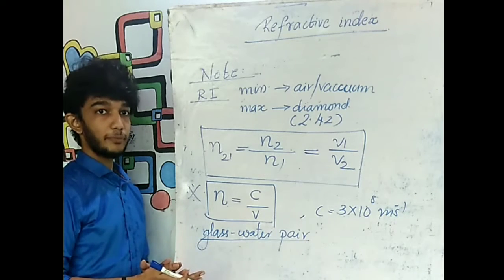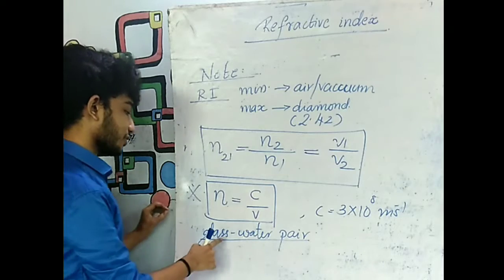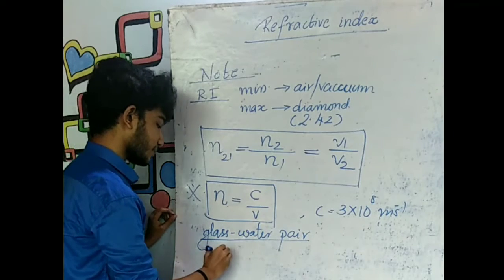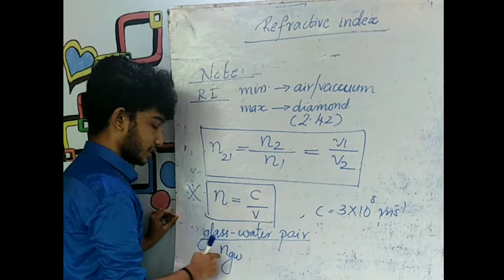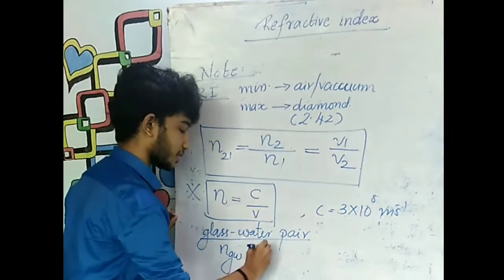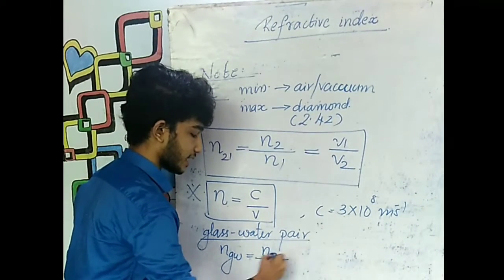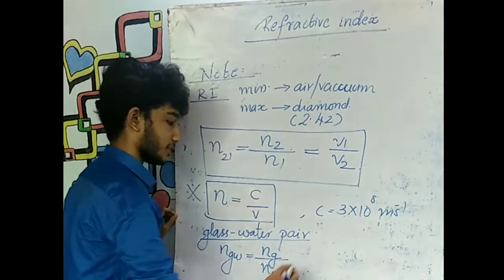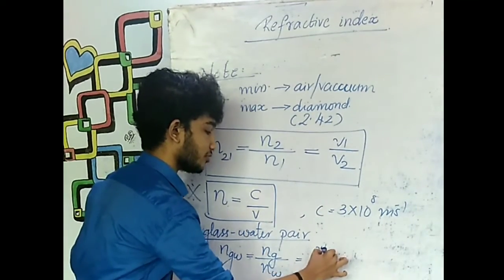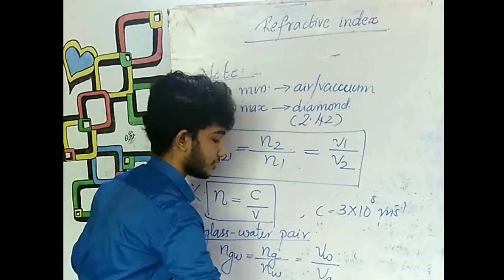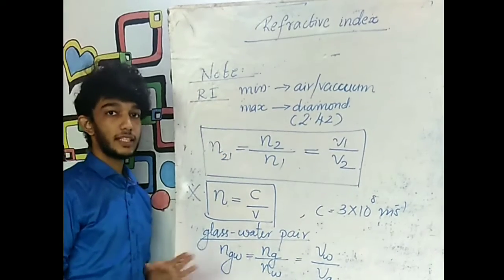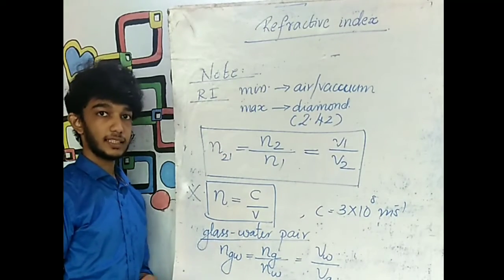For the glass water pair, how can we write the refractive index of glass with respect to water? The refractive index of glass with respect to water is equal to n glass divided by n water, which is equal to v water divided by v glass. This is the relation that is connecting these three things.